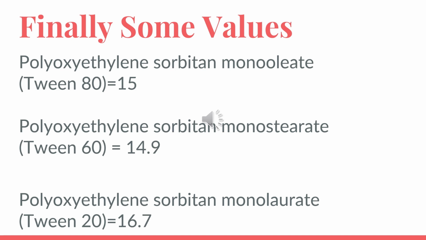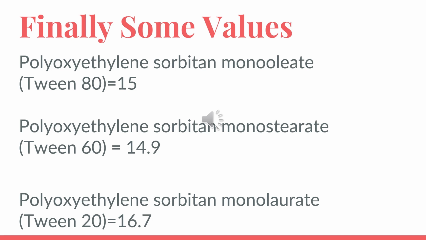And polyoxyethylene sorbitan monolaurate, which is otherwise known as Tween 20, has the HLB value of 16.7.